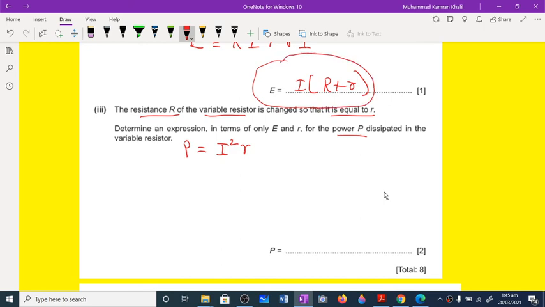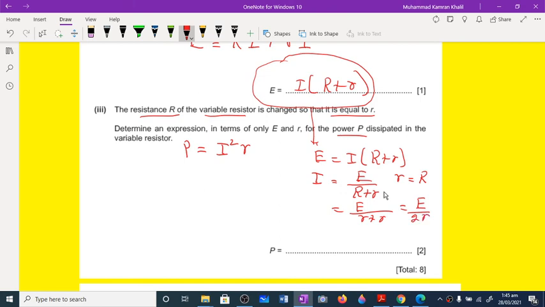So E equal to I into R plus r. Make I the subject, that is equal to E over R plus r. Now substitute R equal to r. So E over r plus r is equal to E over 2r.